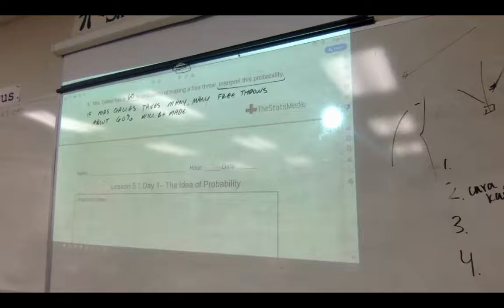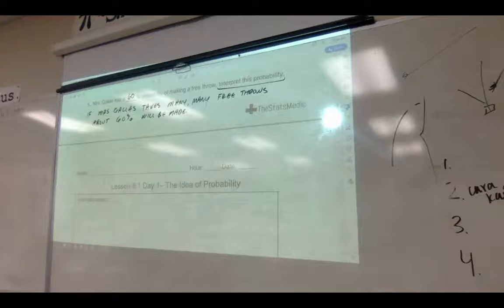Does that mean that there's a 70% chance of getting heads? No, it just so happens that that's what happened, right? What if I flipped it 10,000 times? What do you think the trend is going to look like? Do you think it's going to look like 7,000, 3,000? Or closer to 5,000, 5,000? What if I flip it 10 million times? Do you think it's going to look closer to 5 million and 5 million?